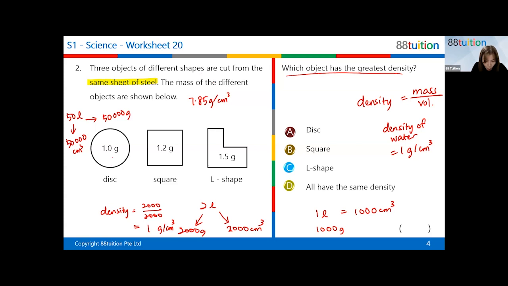No matter what is the shape or what is the mass over here, the density will be exactly the same. But we can use the information to calculate what is the volume of the L-shape steel, the volume of the square piece of steel, the volume of that steel disc. Agree or not? Using that info. All of them will have the same density because they are cut from the same sheet of steel. Clear?